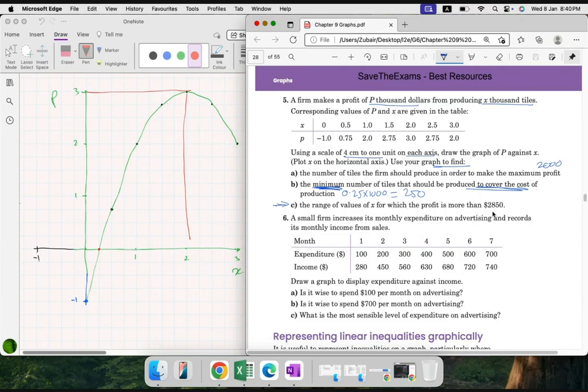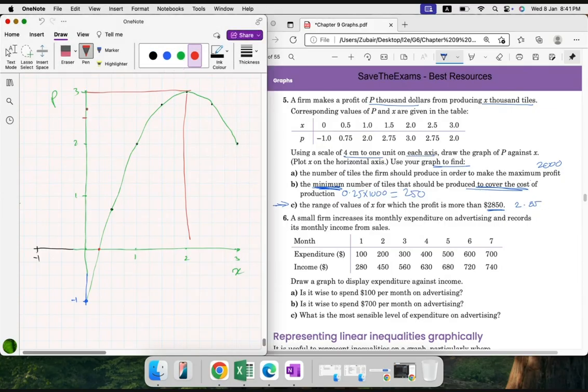This is 2, 2850 means 2.85. This is 2.5, 2.75. This is 2.25 and 0.25. If I make 5 equal divisions, that would be 80 and then 85.